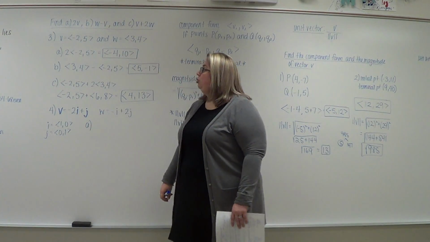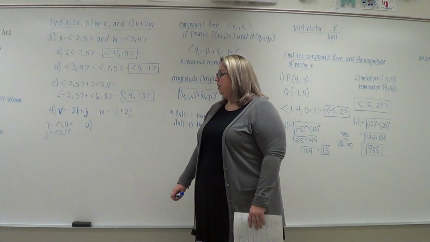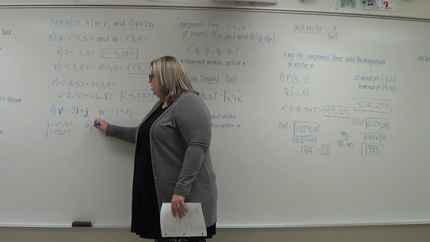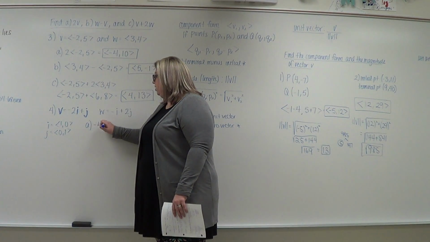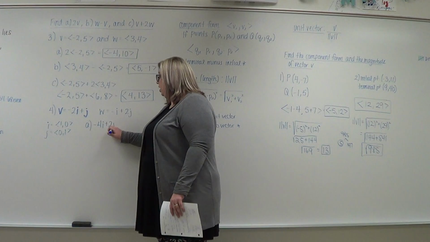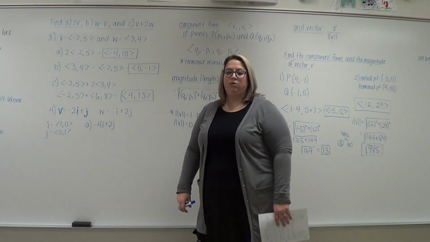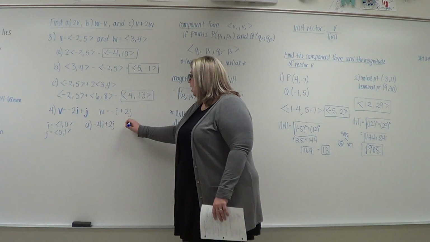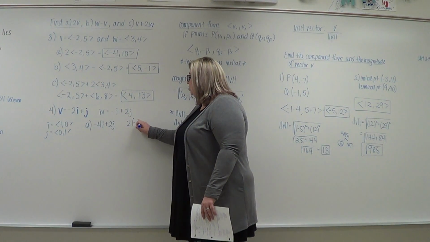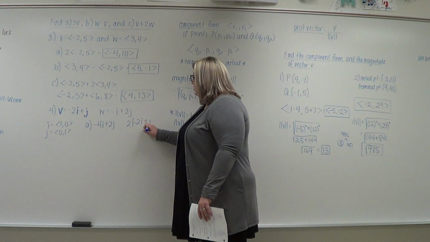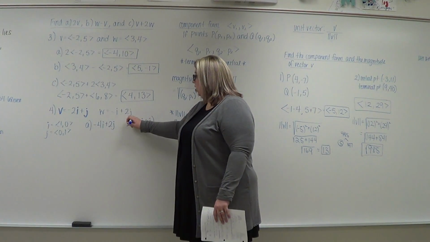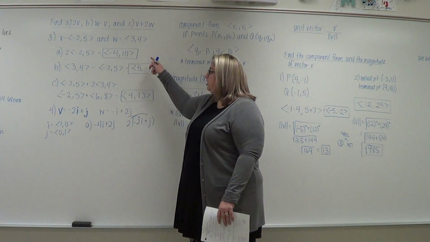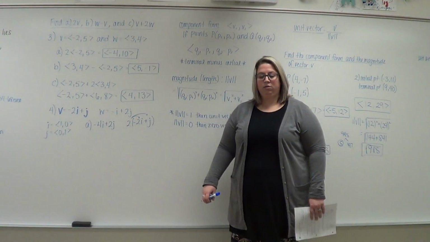So if I'm going to do 2 times v, that would be -4i plus 2j. What did I do? I just took both of those times 2. All I did was distribute it, just like we did in component form.